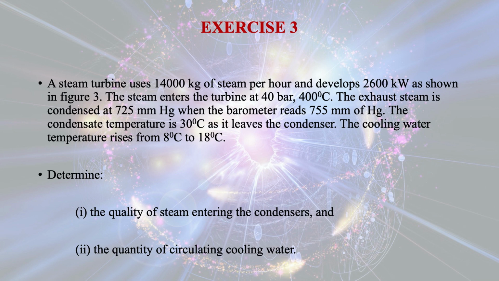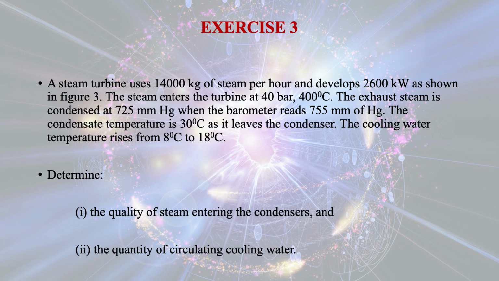Now let us start exercise 3. A steam turbine uses 14,000 kg of steam per hour and develops 2,600 kilowatt as shown in figure 3. We will see figure 3 later on. The steam enters the turbine at 40 bar, 400 degrees centigrade. The exhaust steam is condensed at 725 millimeter of Hg when the barometer reads 755 millimeter of Hg.